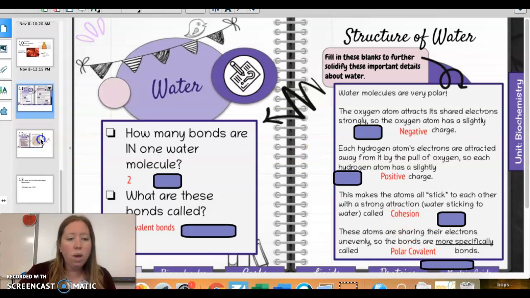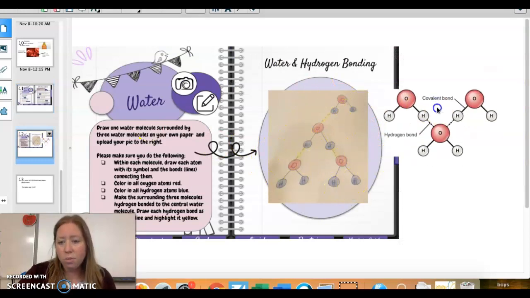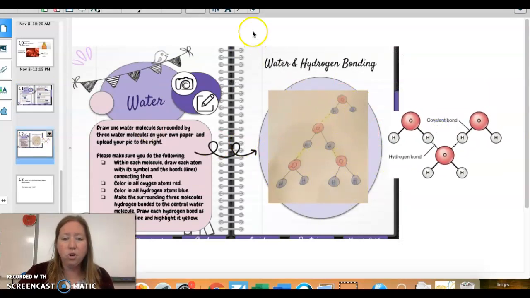On the next slide, you were supposed to draw a picture. Here's my picture, zoomed in as a cartoon to show you, because water has covalent bonds and also hydrogen bonds. Oxygen and hydrogen right here are covalently bonded. They're sharing electrons, which makes oxygen a slight negative and hydrogen a slight positive.